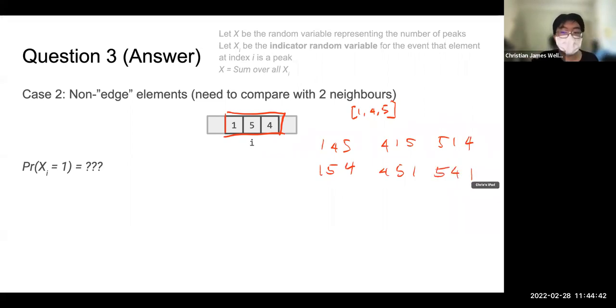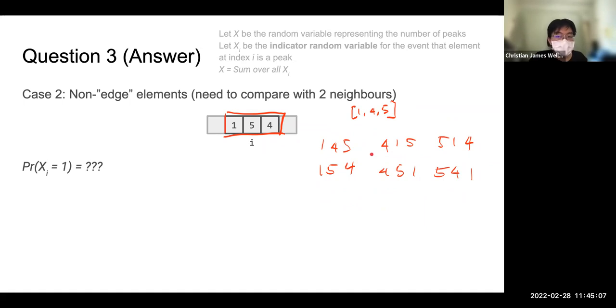These are all the permutations, and each of them has an equal probability of happening, because all permutations occur equally likely. So each of these 6 permutations has equal probability.